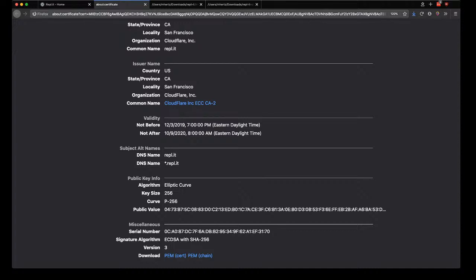We can use this certificate on the computer named repl.it, or with the star, any computer that's named something .replit.